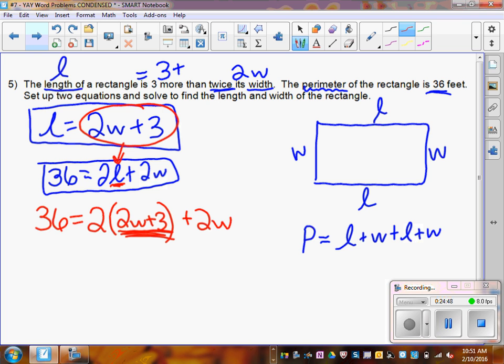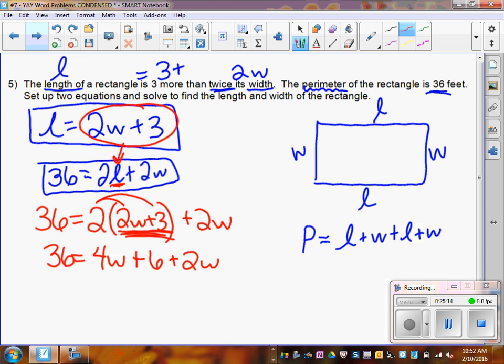Yes, we need to get rid of those pesky parentheses. Let's distribute my 2. So when we're distributing, Tayshawn, what is that going to give me? 4W, and then plus 6. Alright.